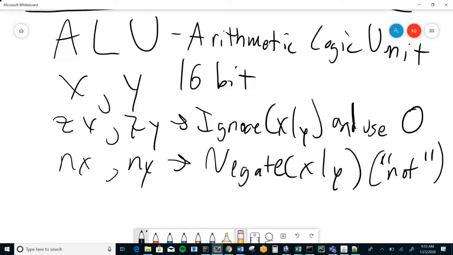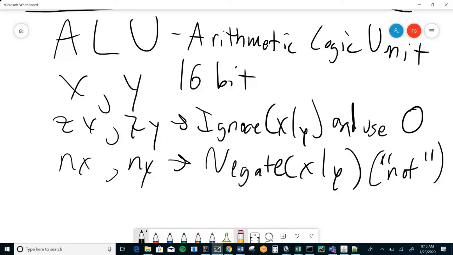What would be your guess as to the intent? So yeah, Andrew. Since the zx and zy means ignore, because if you set that one, that means that you want to ignore those values.